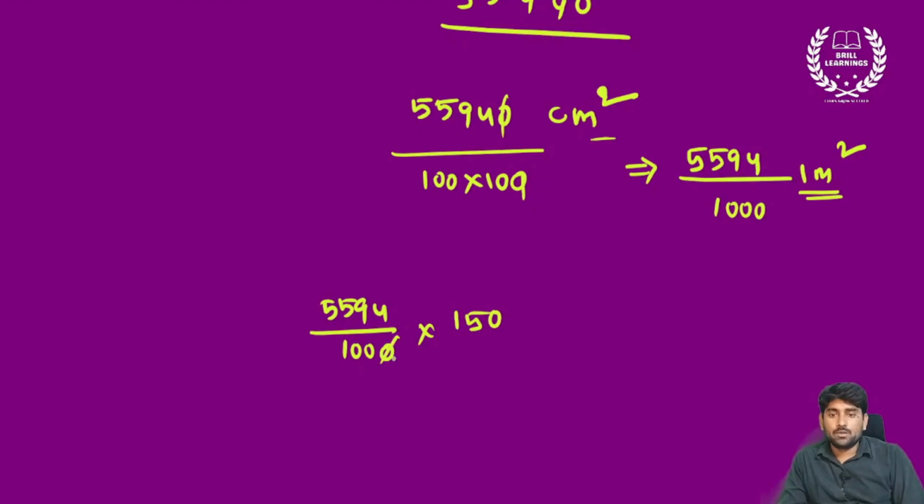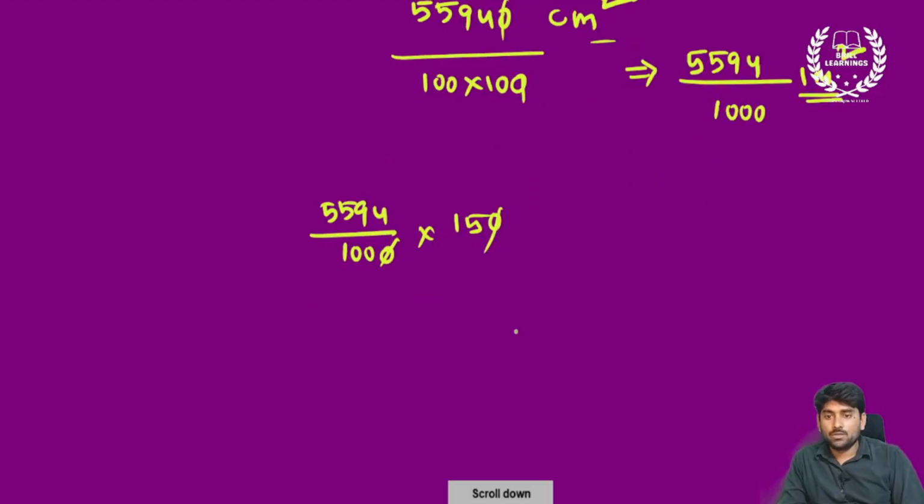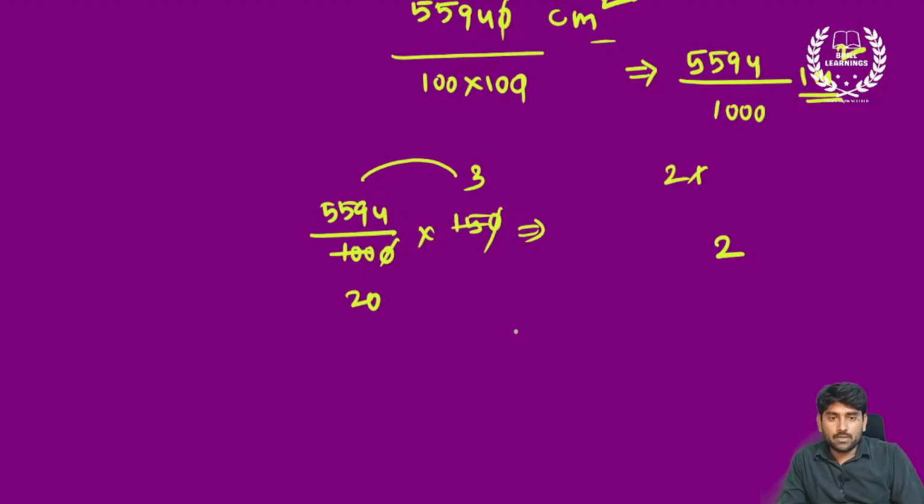Now simplify these also. So 5 3s are 5 20s. Okay, now multiply these values. 3 4s are 12, 3 9s are 27, 28, 3 5s are 15, 15 to 17, 3 5s are 15 and 16 by 20.